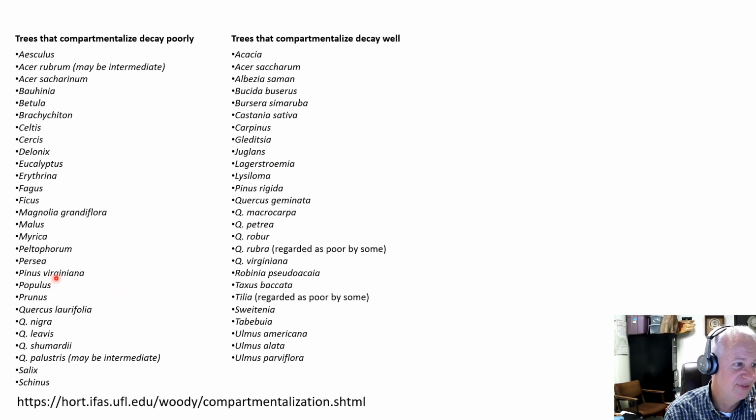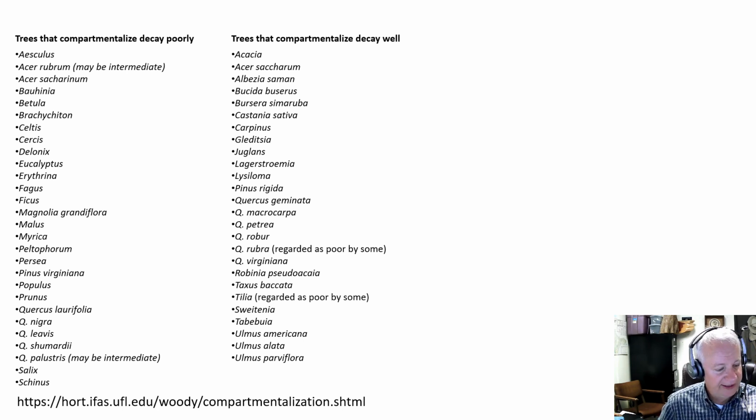Whereas, for instance, if we have a poplar tree in the landscape that's wounded, we know that it may not compartmentalize that wound very well and may have problems, structural problems, down the road. So this is useful information to know with regard to genetic variation in compartmentalization. Okay, so some trees do CODIT better than other trees do.